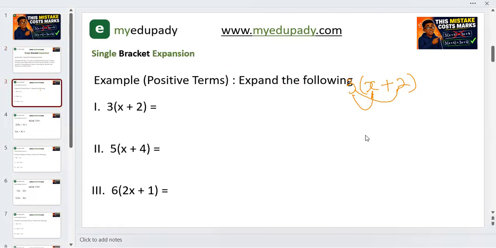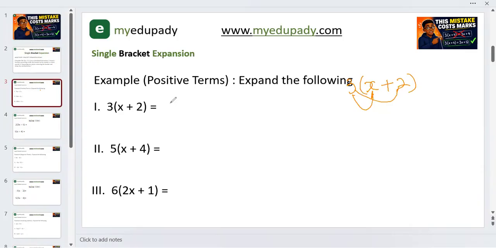So we have this example. Right here, you notice that we are multiplying with positive terms. So, and that's why this example is centered on positive terms. So we have the first example. We have 3 into bracket x plus 2. So like I mentioned, what you want to do is use 3 to multiply each of the values in the bracket.